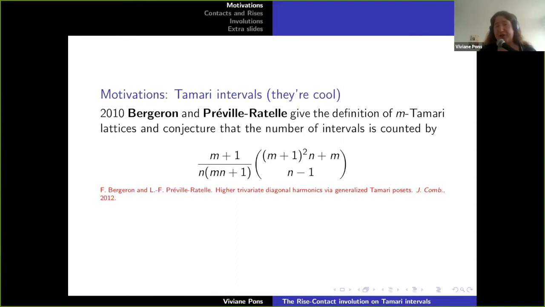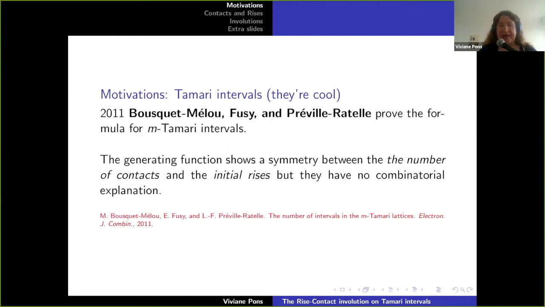They conjectured that the number of intervals was given by this new formula here, which is a generalization of the previous one, with now a parameter m. A little bit later, it was proved that this formula is accurate by Bousquet-Mélou, Fusy, and Préville-Ratelle.